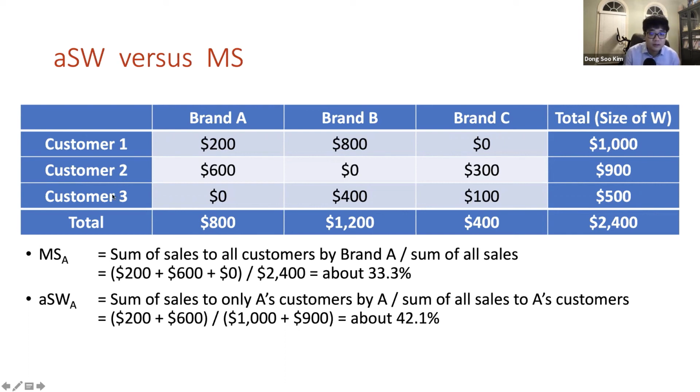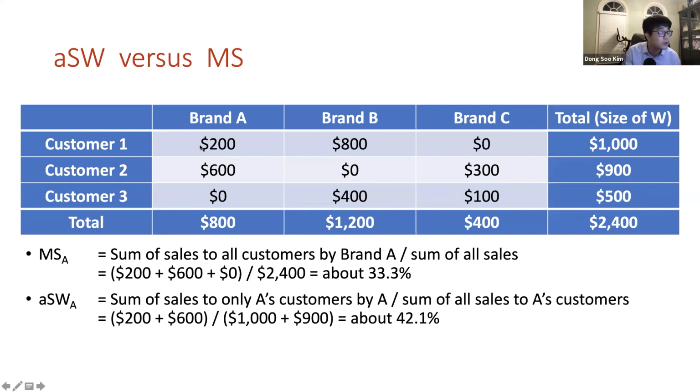However, customer 3 does not enter the computation of the aggregate share of wallet for brand A. The reason is that she did not purchase brand A at all, and therefore she is not a customer of brand A. So, the aggregate share of wallet for brand A is given by the sum of sales of brand A to each customer, only customer 1 and 2, divided by the sum of all sales of all brands to brand A's customers, only customer 1 and 2.